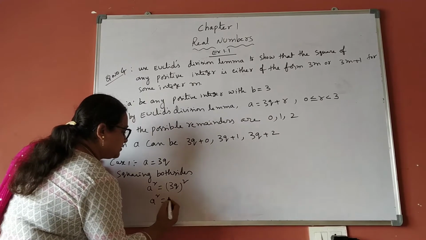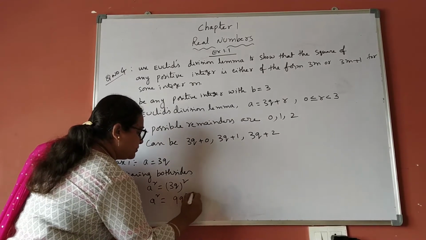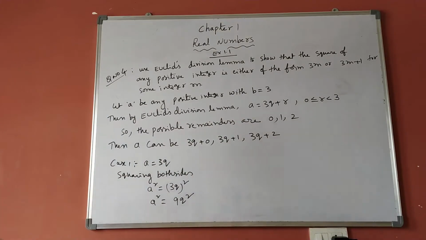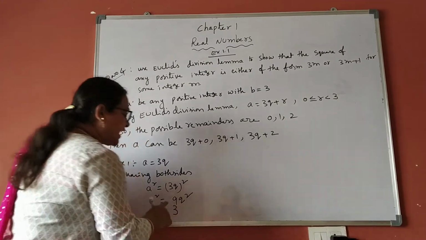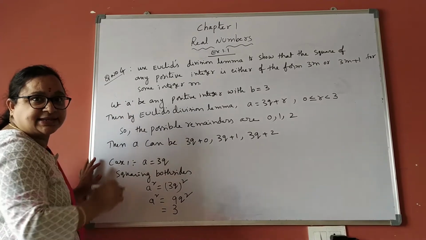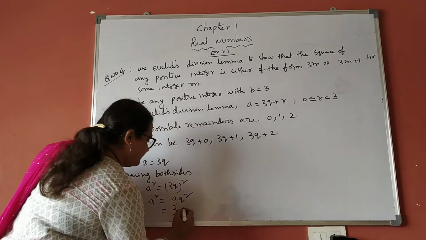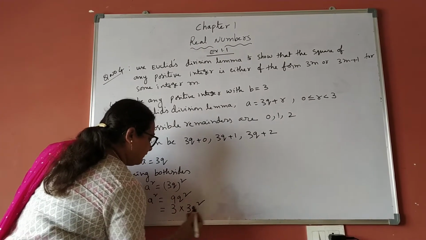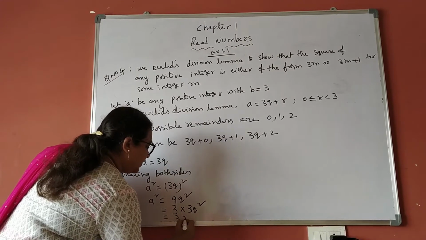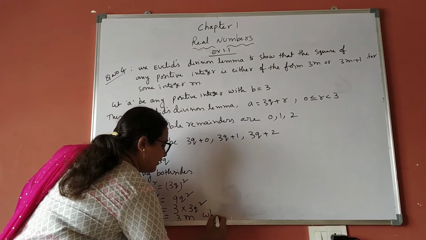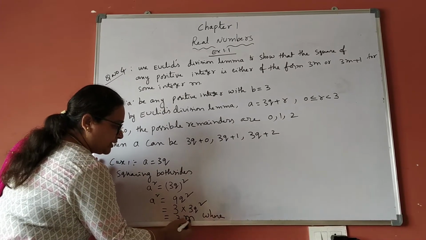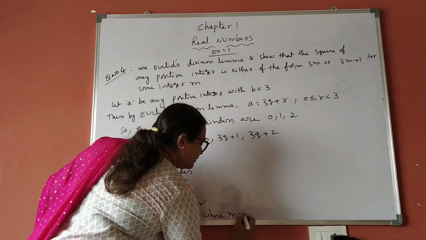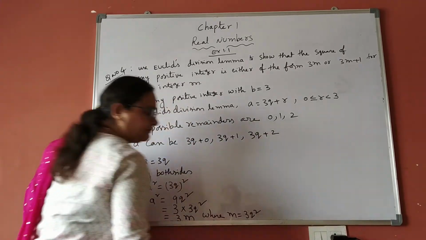So a square is equal to 9q square. We can write it as 3 into 3q square. That is equal to 3m, where in place of 3q square we wrote m. So where m is equal to 3q square.